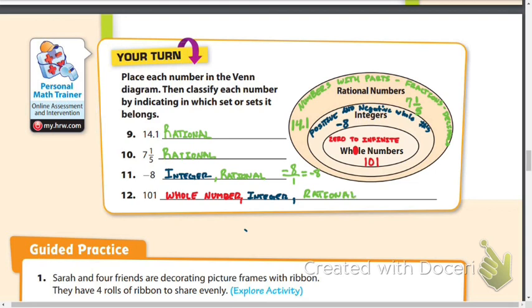We have to make sure that we understand that. Those are going to be very common questions that we find, making sure that we can put the right label on these numbers. Very good.